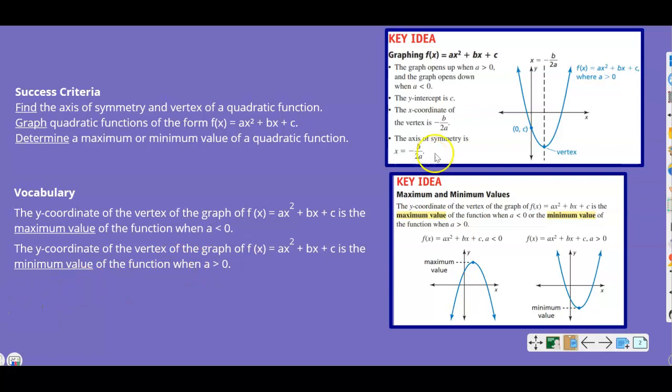All right, key idea for this lesson. This is very important. It says the graph opens up when a is positive, and the graph opens down when a is negative. The y-intercept is c, so your constant value, that's your y-intercept. And then the x-coordinate of the vertex can be found by doing negative b over 2a.